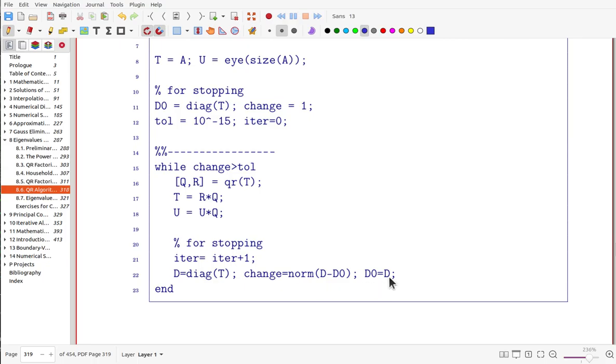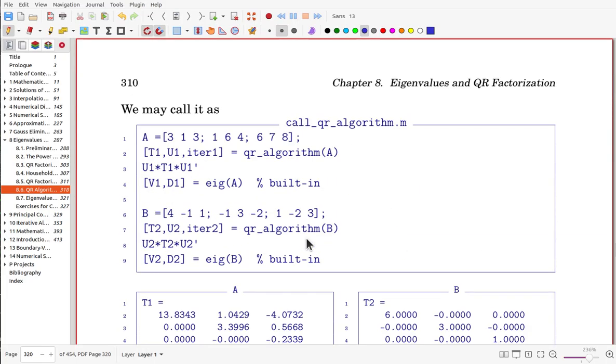Now this is saved for the next iteration, and again once change is larger than the tolerance, then keep going. So that's the QL algorithm.